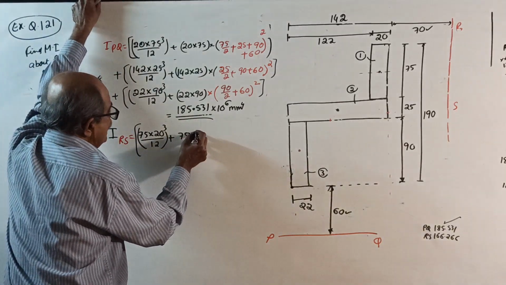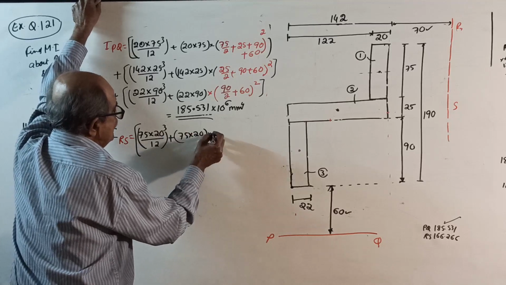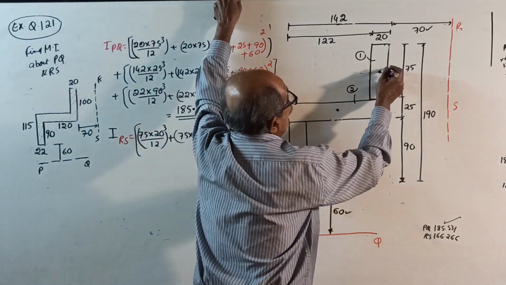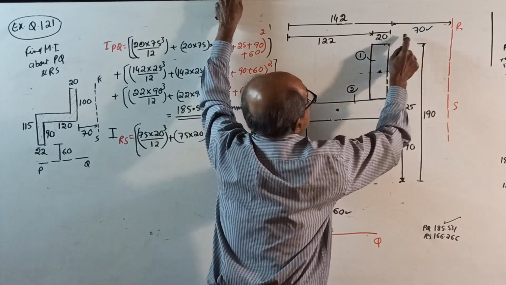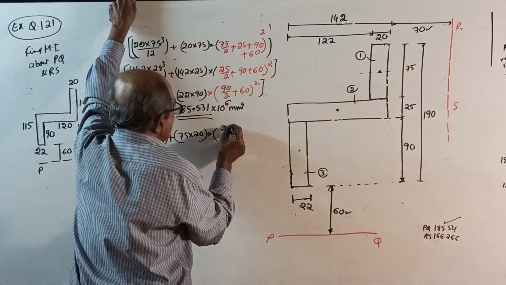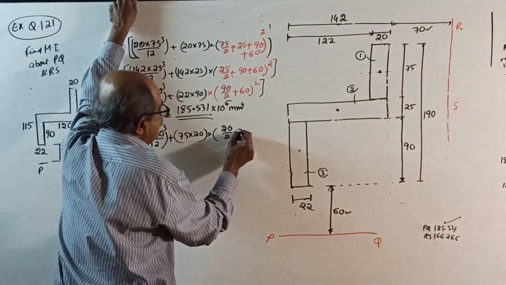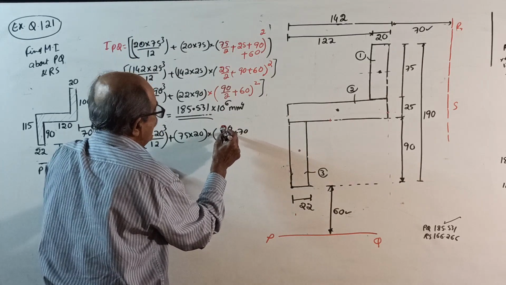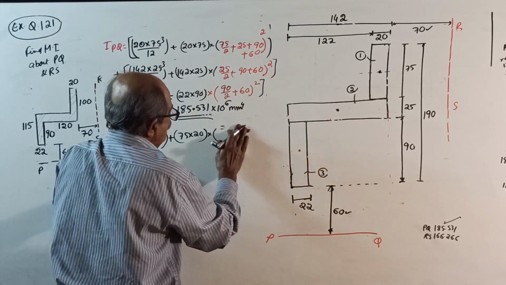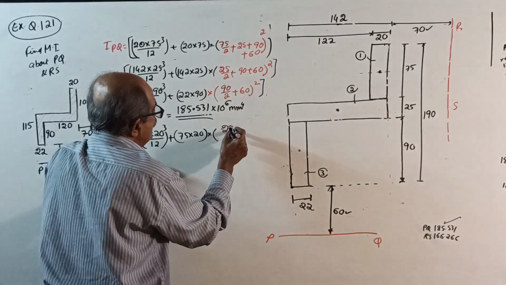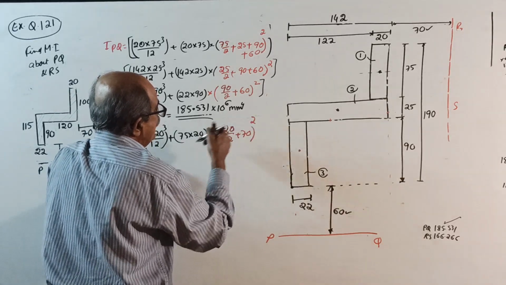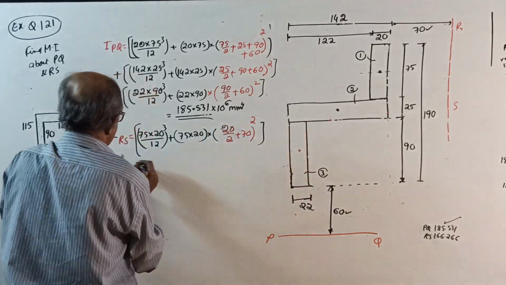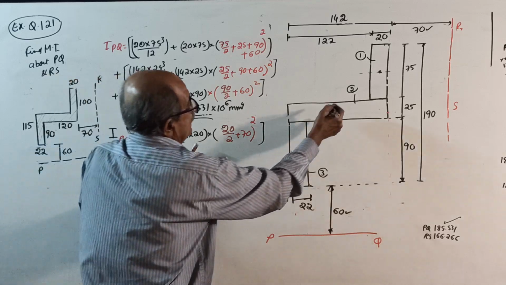Plus 75 into 20 is the area, into the distance from centroid to RS squared: 20 by 2 plus 70. I use red color for h square. 20 by 2 plus 70, whole square, is for figure number 1, part number 1.